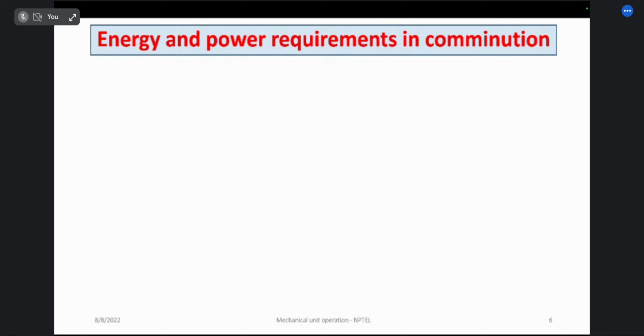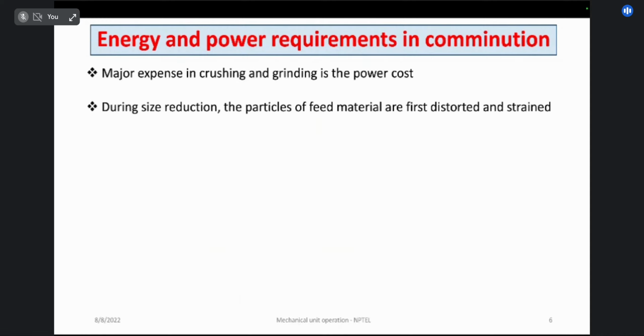Whenever we solve examples, or design size reduction equipment in industry, we always need to consider what amount of energy and power is required, because at the end economical calculation can be done with the help of these power and energy requirements. It is the major expense in size reduction, crushing and grinding operations, which is the power cost.